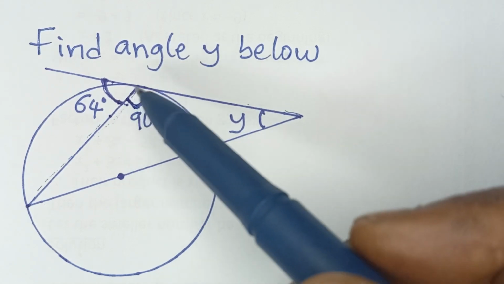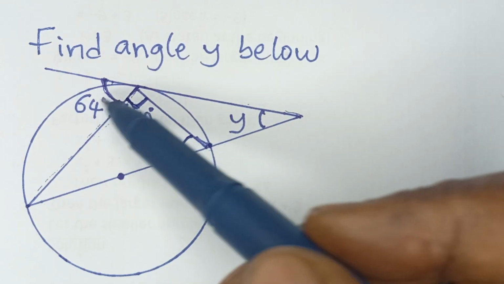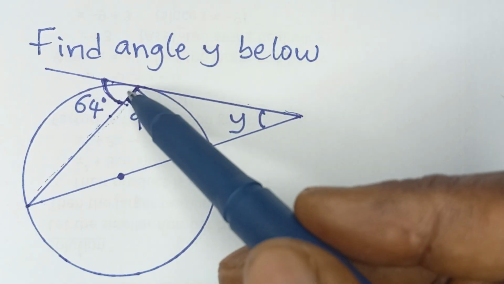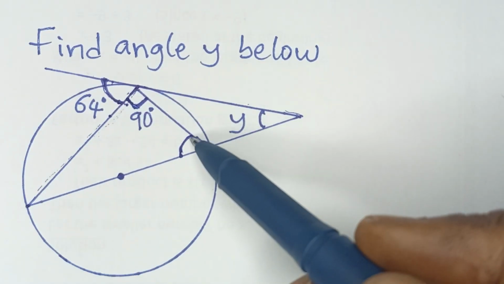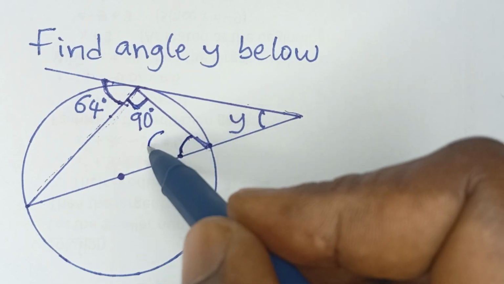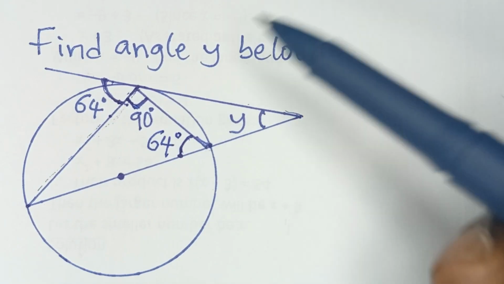So that theorem says that angles in alternate segments are equal. So if you have a chord that makes an angle with a tangent, that chord also makes the same angle inside the triangle that it forms. So this will be 64 degrees. And what is the reason?